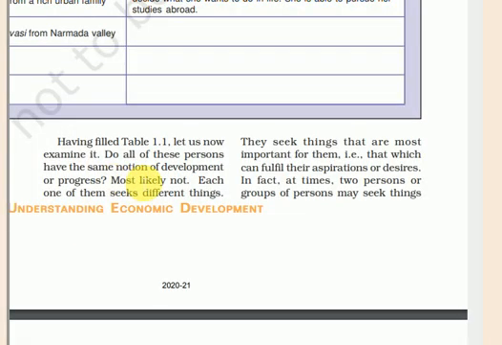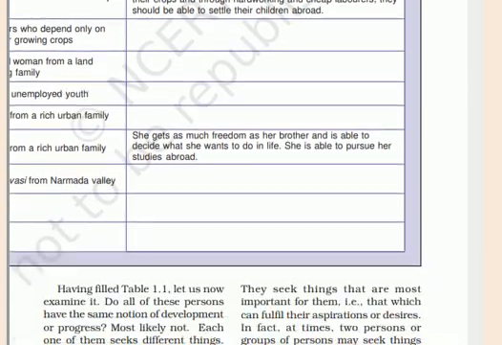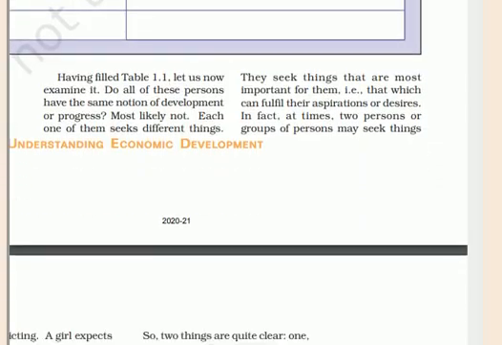So students, do these persons have the same notion of development or different notions of development? All of you have read and studied this table. In this table we have seen that different people have different development goals.